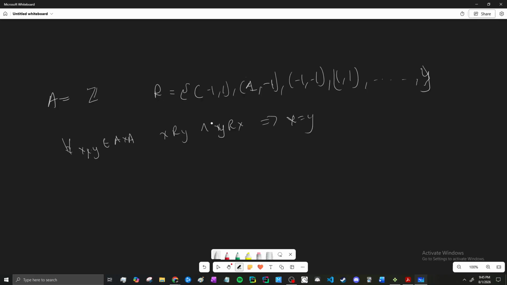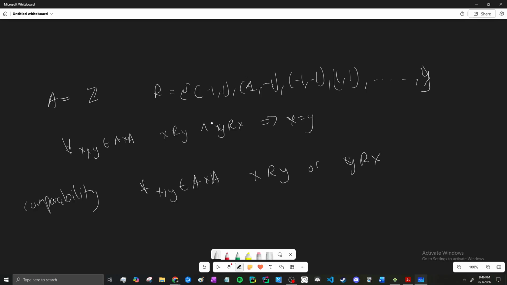Now, a question about comparability. For now, I'm just going to assume that it's comparable. Sorry, not anti-symmetric, but let me ask now: is it comparable? Okay, so what do we know? We know that comparability is simply that for all x and y, x R y or y R x is true.